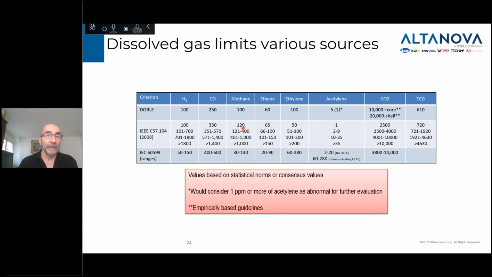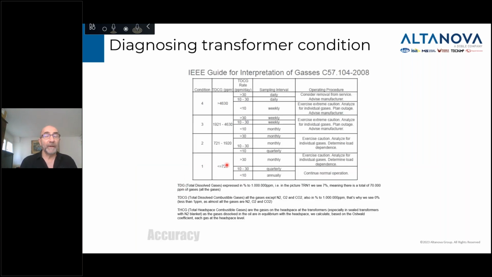And potentially you can use the second level to set up your critical alarm, or usually maybe use lower numbers. Now, each of those levels in the IEEE is attached to a sampling interval and an operating procedure.